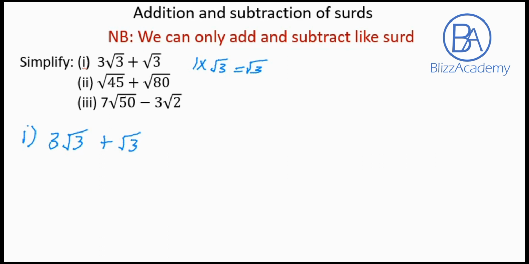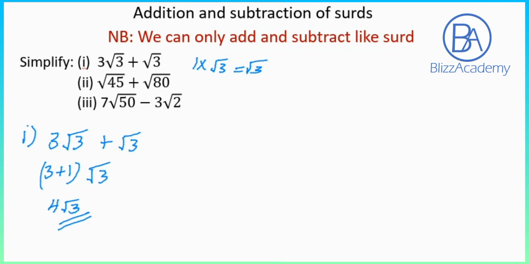I always call it the invisible one. So this will give us 3 plus 1 root 3, and we know that 3 plus 1 is 4. So this will be 4 root 3, which is our final answer. This was just straightforward, direct.